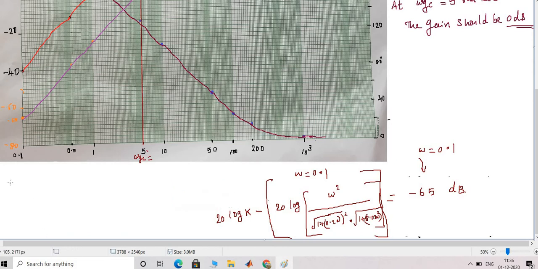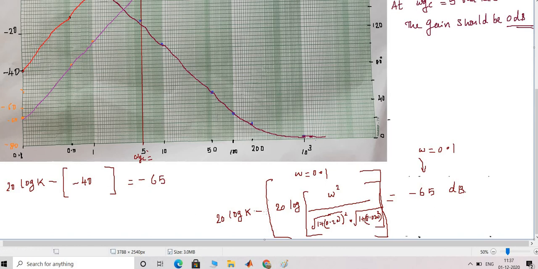So we can write that 20 log K minus the gain in decibels that we have already obtained when K equal to 1, or when you substitute omega equal to 0.1 in this equation, when you find the gain it will be minus 40 dB. So 20 log K minus 40 dB equal to minus 65.